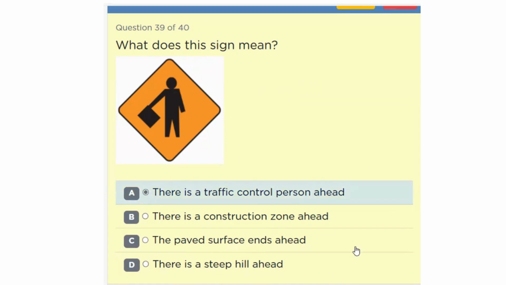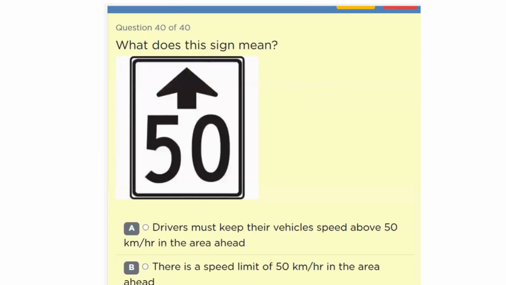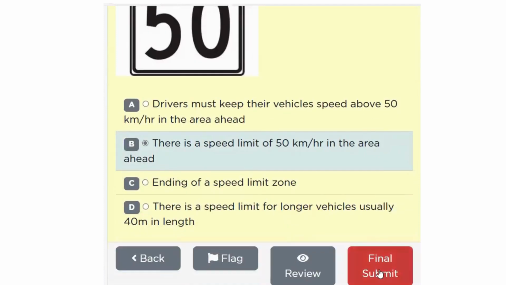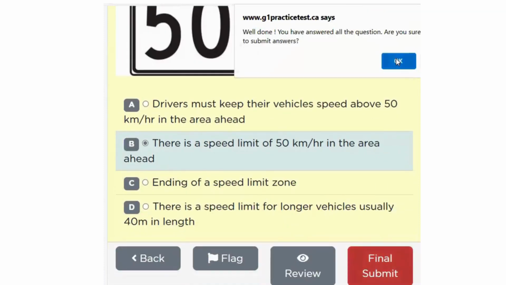Maybe this one. Okay. Drivers must keep their vehicle speed above 50 kilometers. No, I think this one. I'm sure I'm failing it, but let's see.